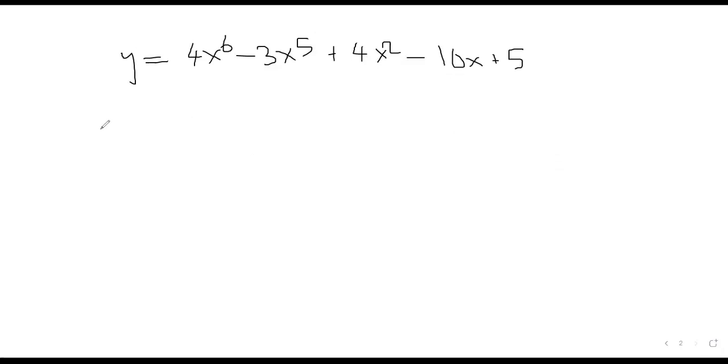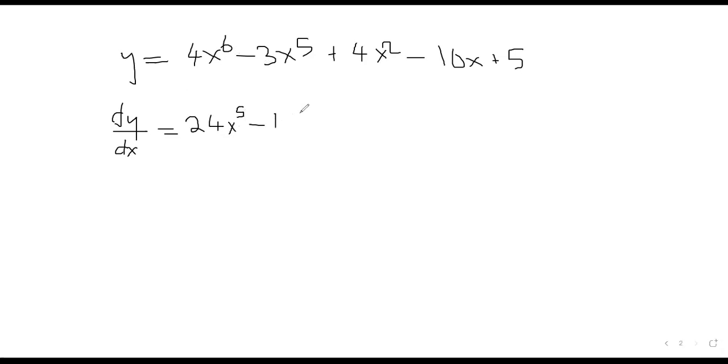So this is still dy over dx. Differentiating this 4x to the power 6, we're going to get what? 24. We subtract 1 from the power here, we're going to get a 5.